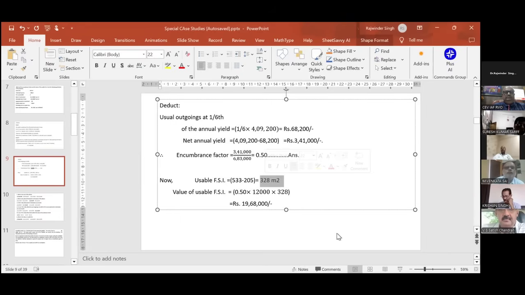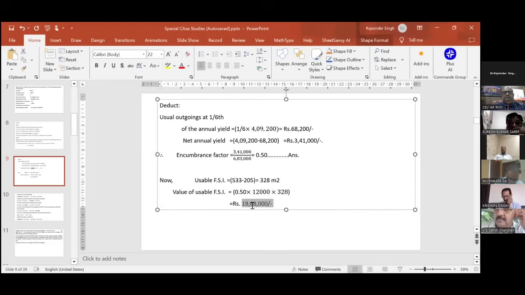And again, the value of that FSI will be 19,60,000. 0.5 into 12,000, because encumbrance factor is 0.5, multiplied by 12,000 multiplied by 325, which is the remaining area.